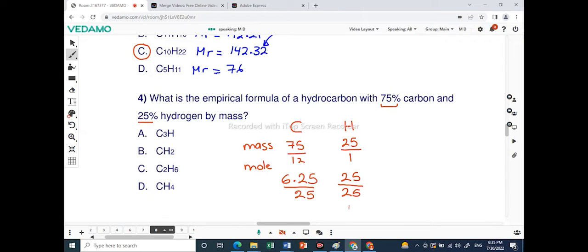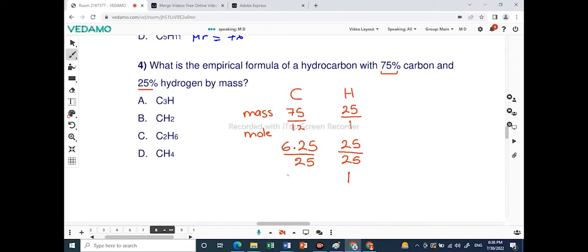So this will become a 1, and 6.25 divided by 25, your final answer is 0.25. Now, if you've got 0.25, you cannot round. As I told you previously also, you need to multiply by a number, which in my situation is 4. So the carbons will be 1 carbon presented, and the number of hydrogens will become 4, and your empirical formula is CH4.